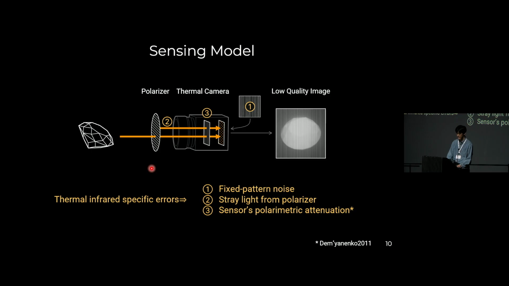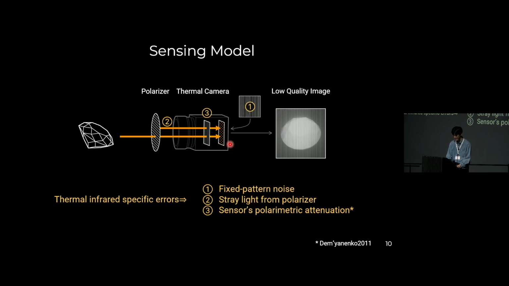Next, let's move on to the sensing model. The imaging system consists of a camera and a polarizer, just as in the visible spectrum. However, the quality of the raw image is degraded by three errors unique to thermal polarization. The first is the sensor's fixed pattern noise.